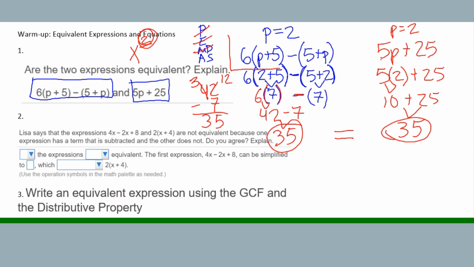That means this expression is equivalent to this expression, because when p equals 2, the expressions are equivalent. So we can conclude that the expressions are equivalent because when we substitute 2 in for p, both expressions have the same value, 35. So that's one explanation.